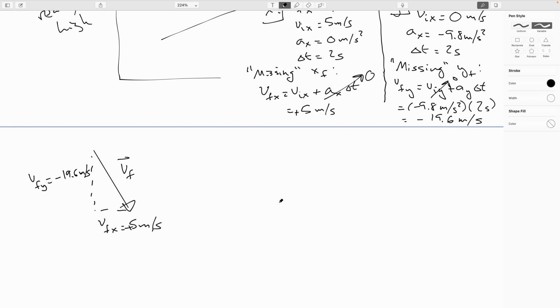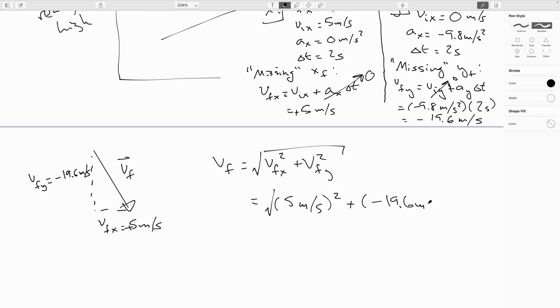And we can use the Pythagorean theorem to put the two of those together. So v final will be equal to the square root of v final x squared plus v final y squared. So that will be the square root of 5 meters per second squared plus negative 19.6 meters per second squared.